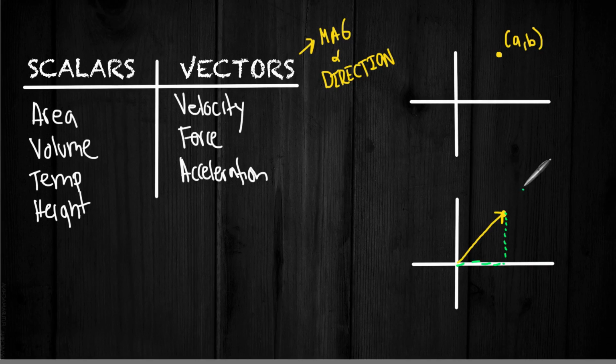So we use these brackets to denote a vector and distinguish it from an ordered pair. So ordered pairs have parentheses, and now vectors have these little brackets or braces, and essentially this is A and this is B, and the magnitude of that vector is the length of the arrow, and you could get that by the Pythagorean Theorem, which we'll talk about in just a moment.